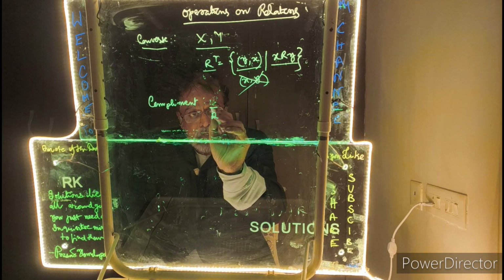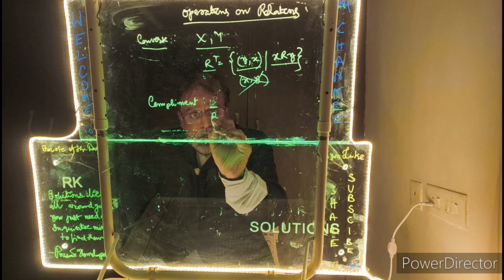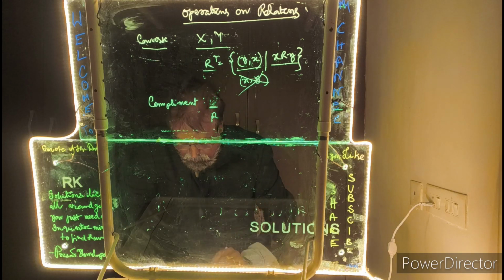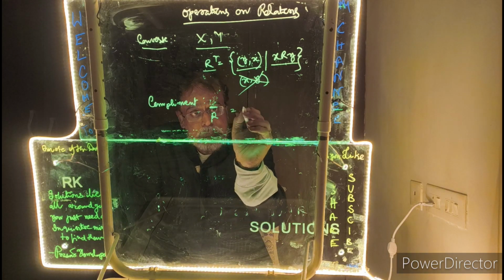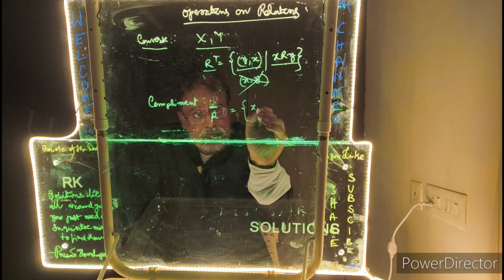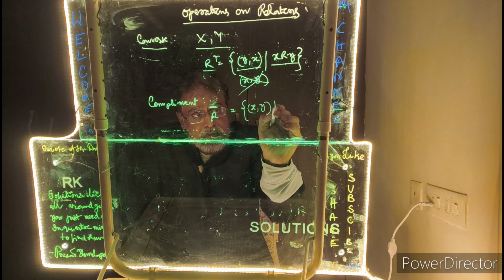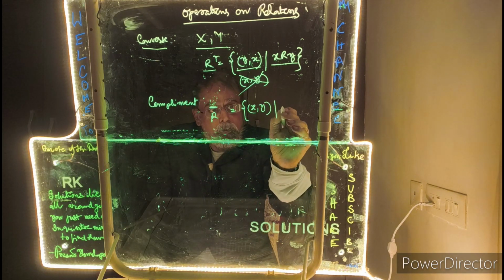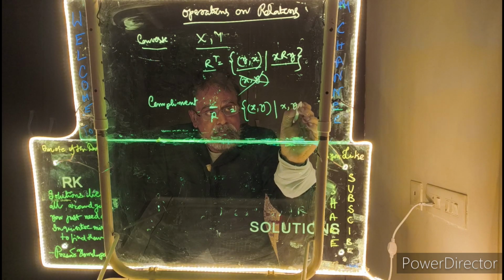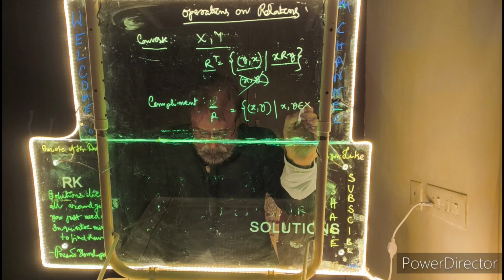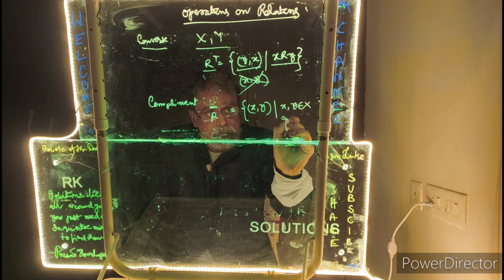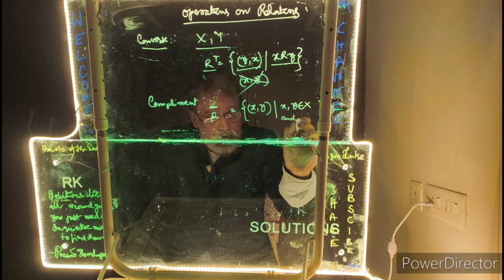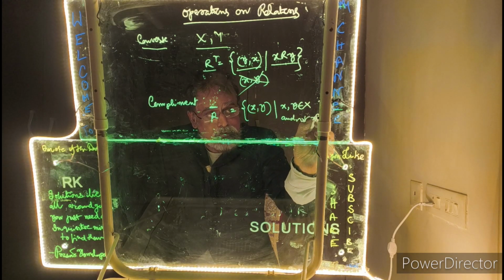Complement is represented by a bar over R. This is equal to the set of pairs (x, y) such that (x, y) belongs to X and x is not related to y.